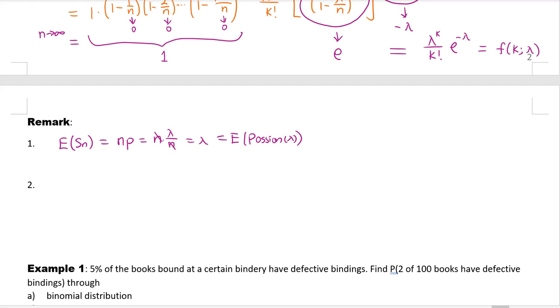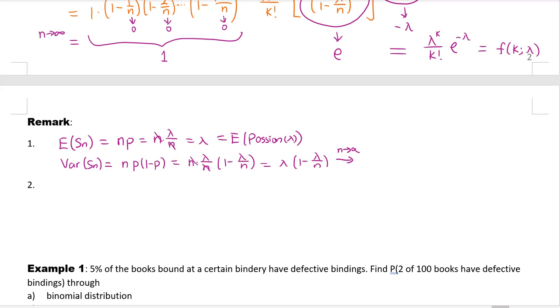Right? And how about the variance? The variance of Sn is n times p times 1 minus p. So n times lambda over n times 1 minus lambda over n.